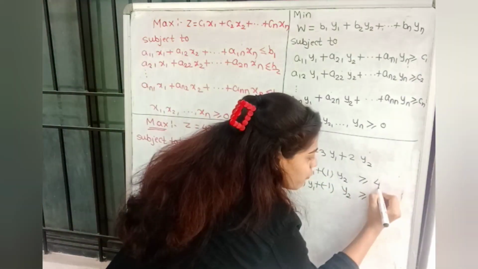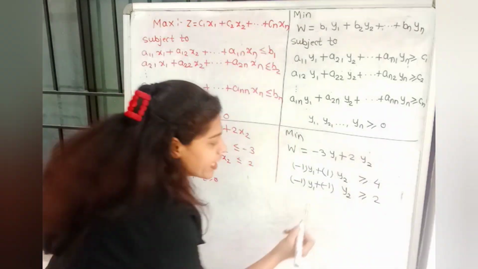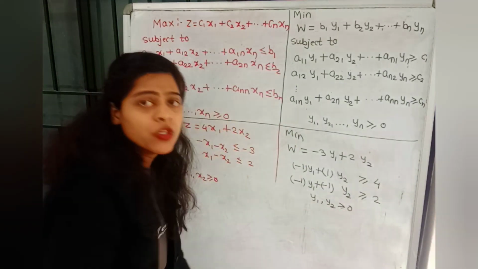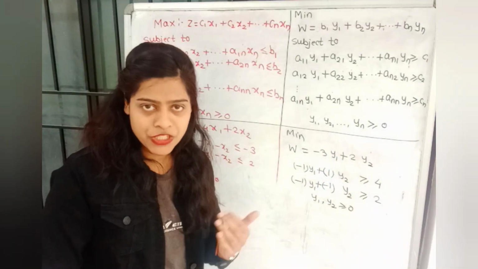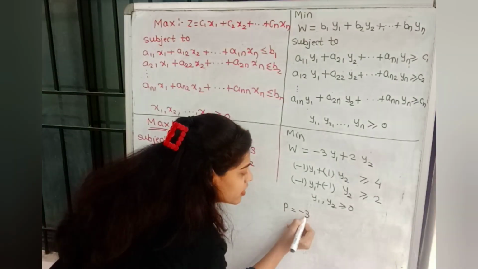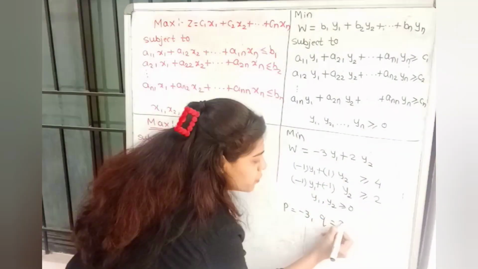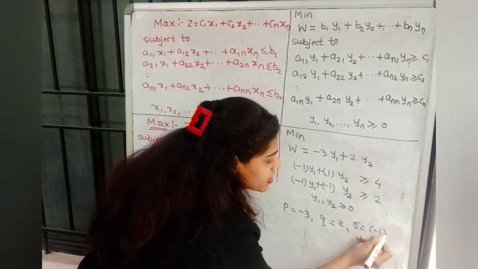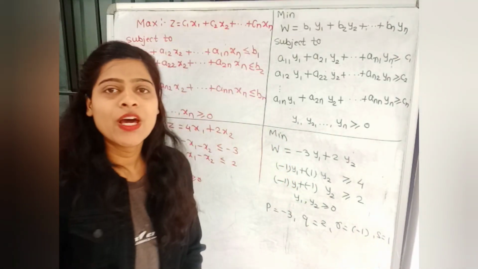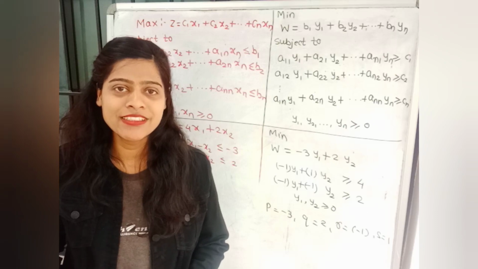Then put here 4 and 2, and the non-negative condition is y1, y2 ≥ 0. Now compare this with the given question: here p = -3, q = 2, r = -1, s = 1. So check, option number 4 is true.